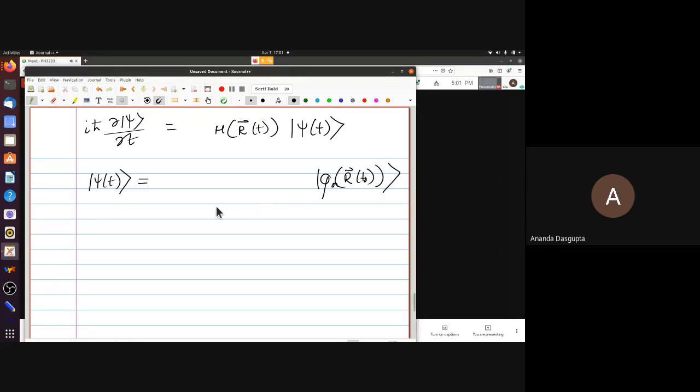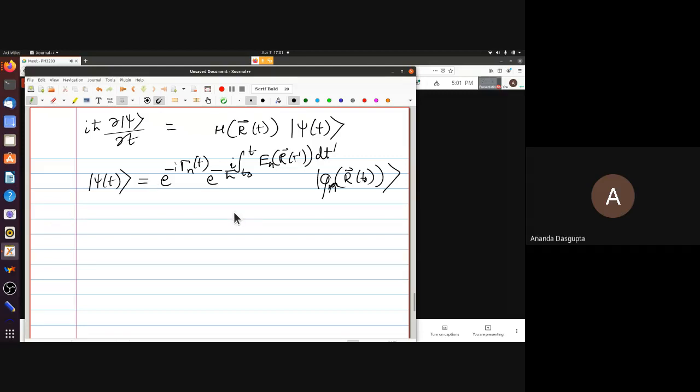So up to very small terms, this is φn(R(T0)) times a phase factor, which is exp of minus i integral from T0 to T of En(R(t')) dt' by ħ, minus iγn(t).